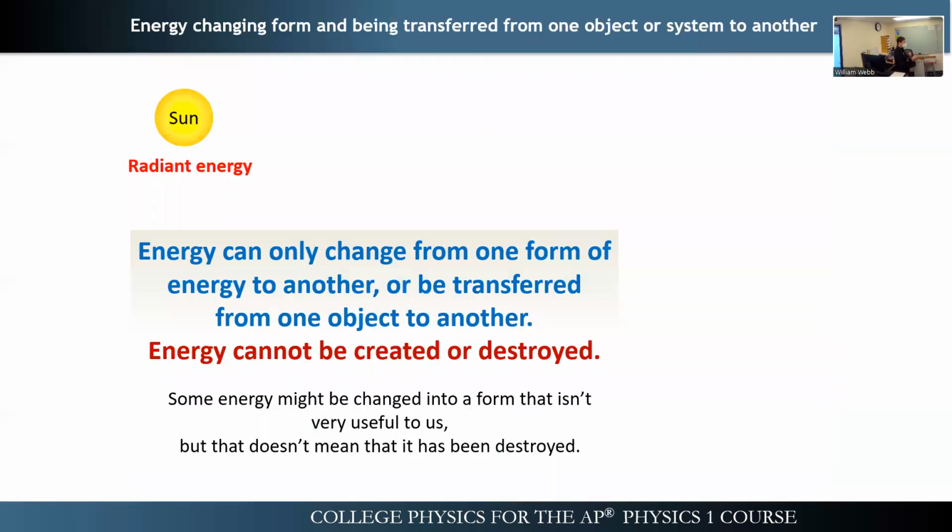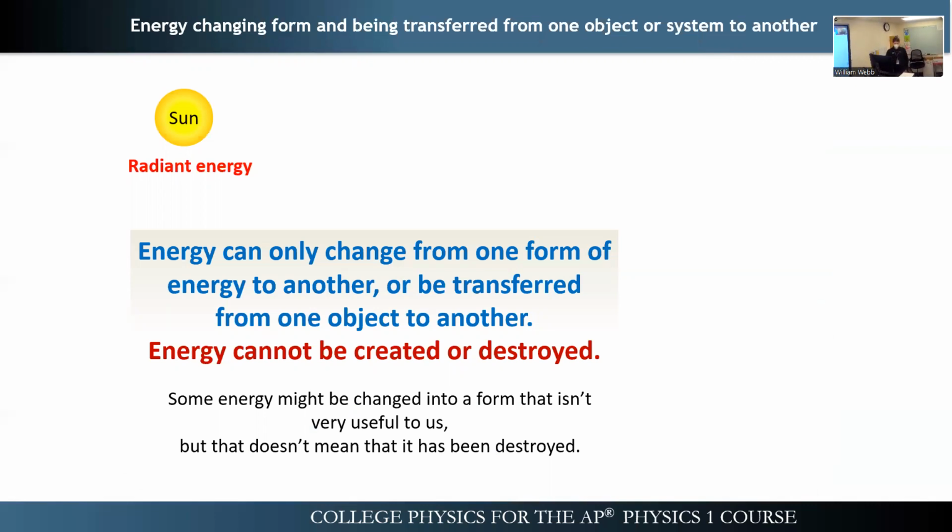All right, so let's talk about a couple of examples of how energy might transform. The sun is giving off radiant energy, electromagnetic waves of energy: UV, infrared, visible light. If you know about electromagnetic radiation, you might know some of those types.